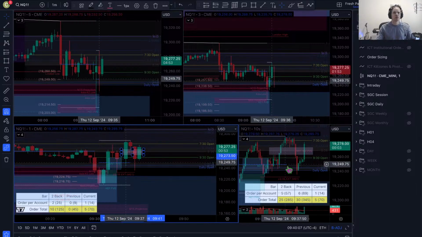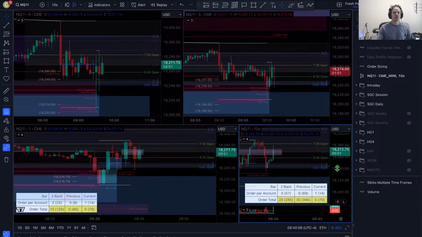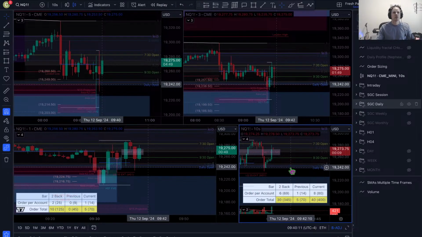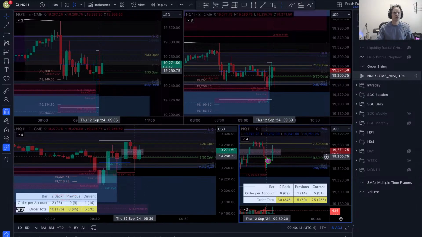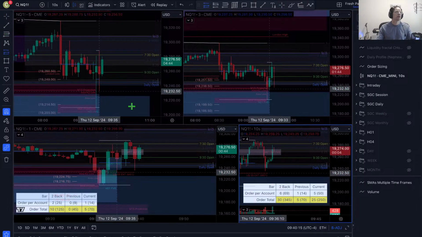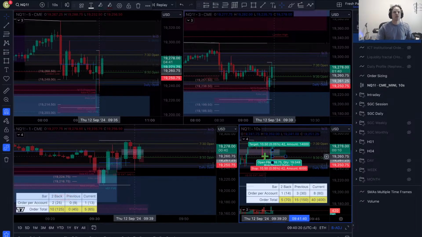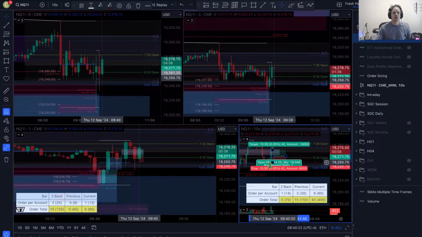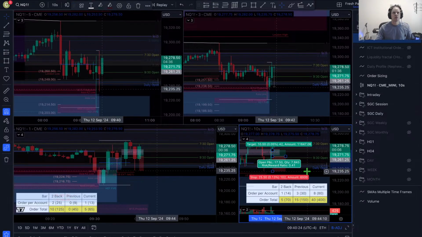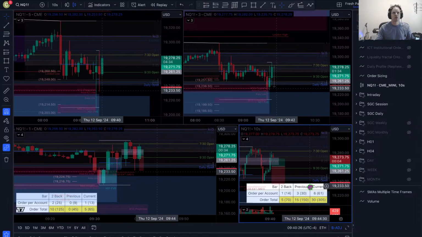That's getting flipped right away. This is pretty impulsive here. That's effectively a manipulation block right there. That was a close on the 3 minute, not quite a close, but you've essentially got that setting up.